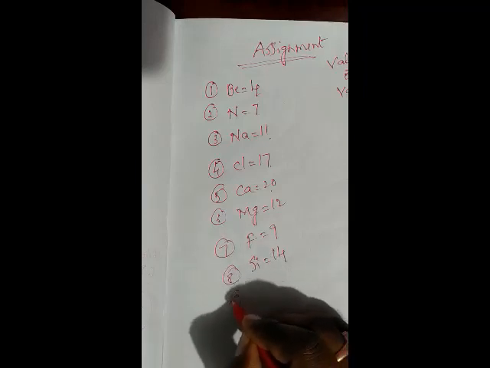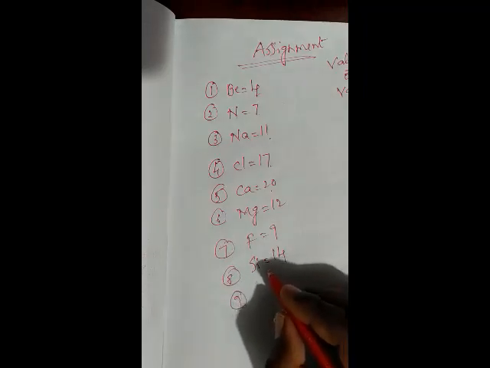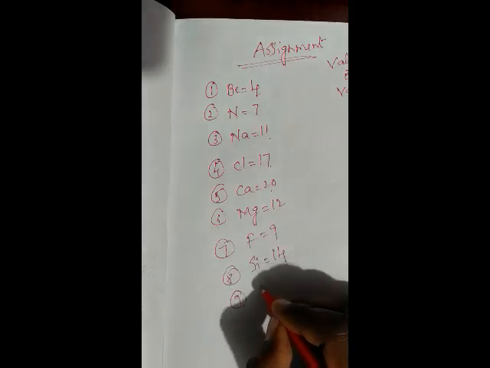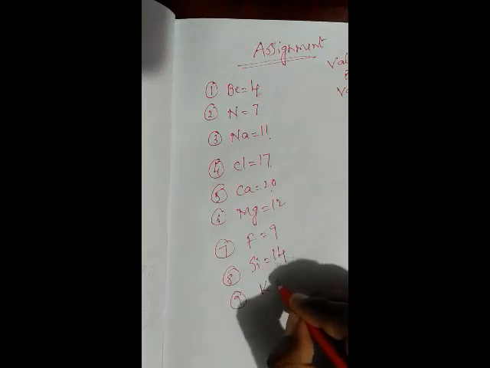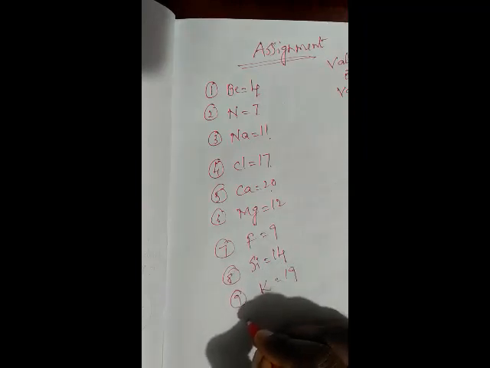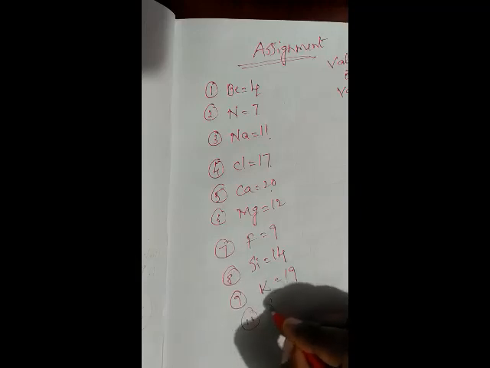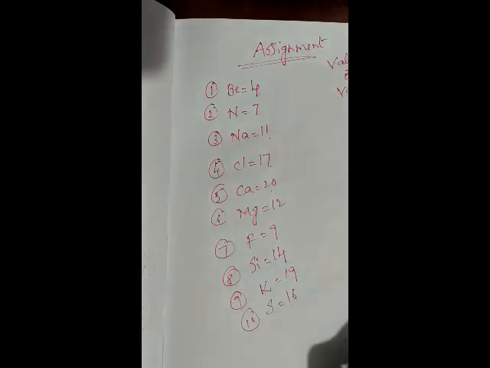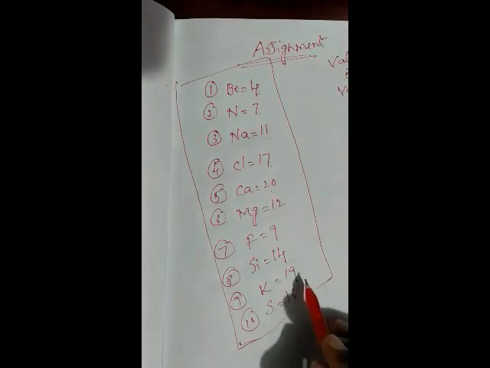This is different. 9th one, potassium, atomic number 19. 10th one, sulfur, atomic number 16. So this is the assignment for you, find the valency for these elements.